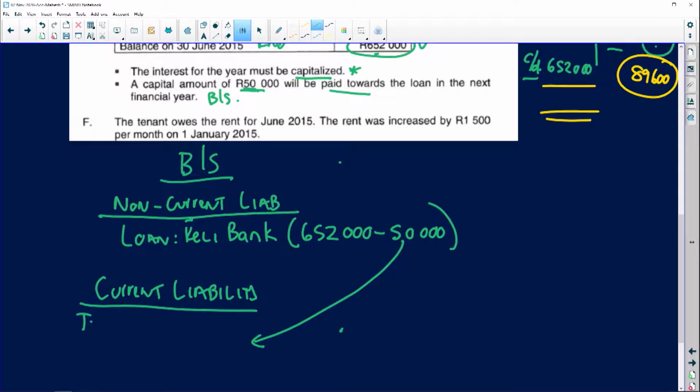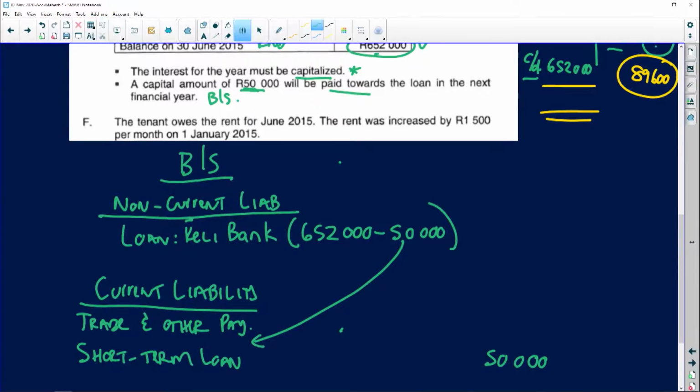So remember, you can show this under trade and other payables, or you can show this separately as short-term loan. Okay, so remember, that is where you're going to then disclose this 50,000. So in other words, your shareholders can clearly see that 50,000 will be paid within 12 months. It's a current liability. Okay, so please guys remember this, because it's an adjustment that is often tested.